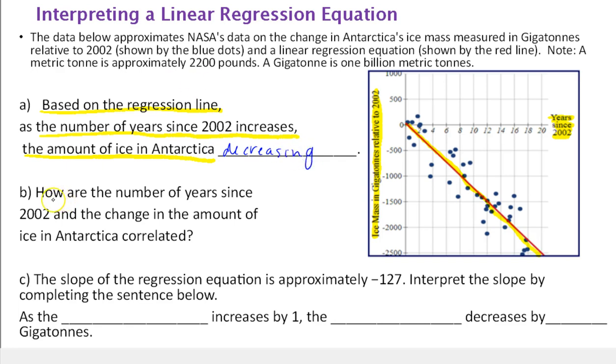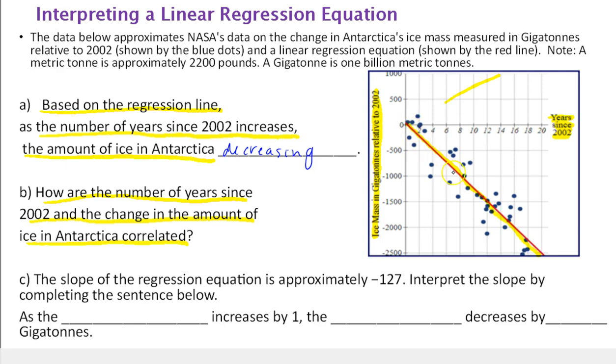The next question asks, how are the number of years since 2002 and the change in the amount of ice in Antarctica correlated? Well, we talk about correlation in terms of positively correlated and negatively correlated. So positively correlated means if the horizontal axis increases, the vertical values go up, so if we had something like this, it's positively correlated.